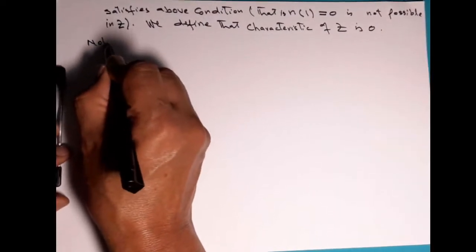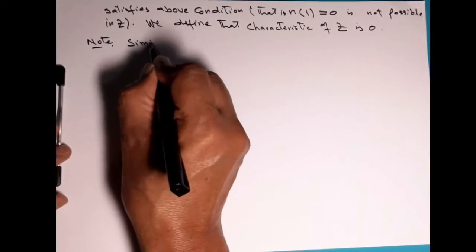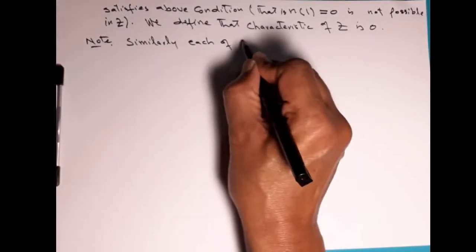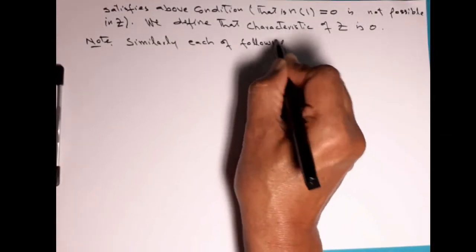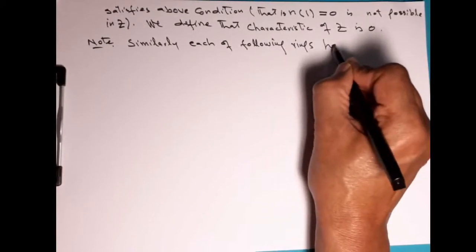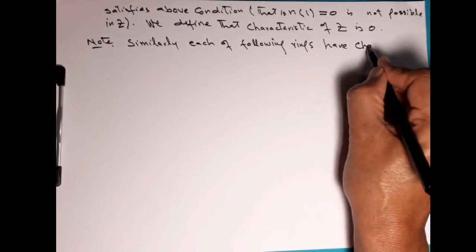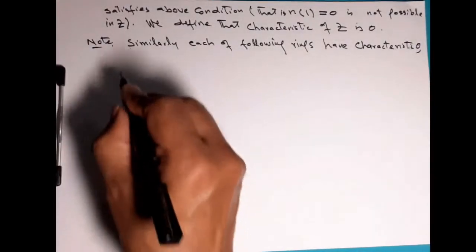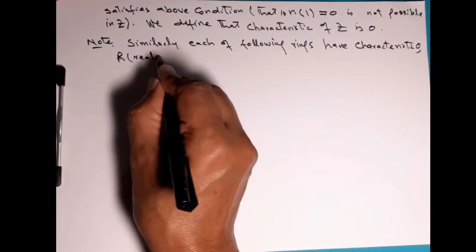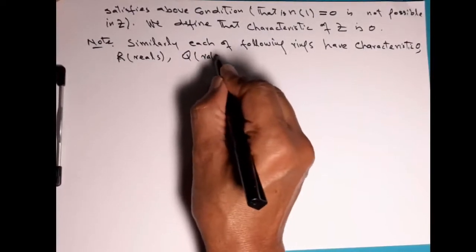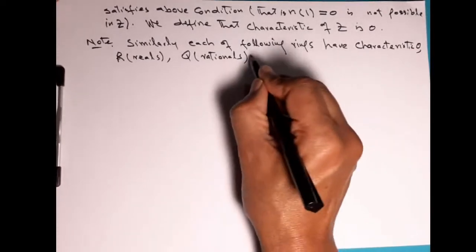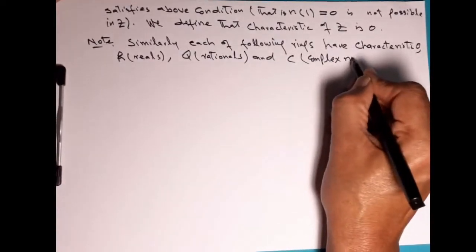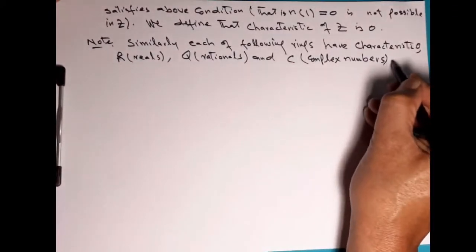Let's note again. Similarly, each of the following rings has characteristic 0: R, the ring of reals, Q, the ring of rationals, C, the ring of complex numbers, and so on.